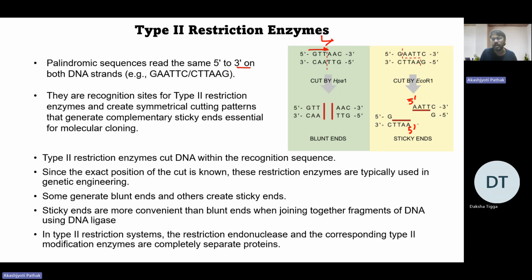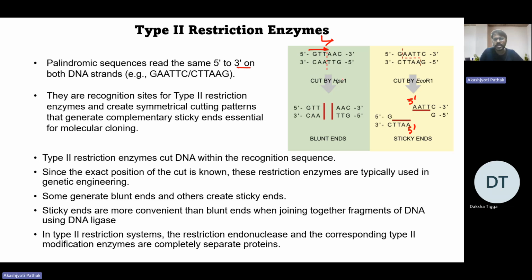Because of the natural tendency of the A nucleotide to base pair with T. Once the strands are cleaved, because the A nucleotide has the tendency to base pair with T, they will again come and base pair with each other by forming hydrogen bonds. That is why they are called sticky ends, because they are always trying to come together because of the hydrogen bonds between the complementary base pairs.